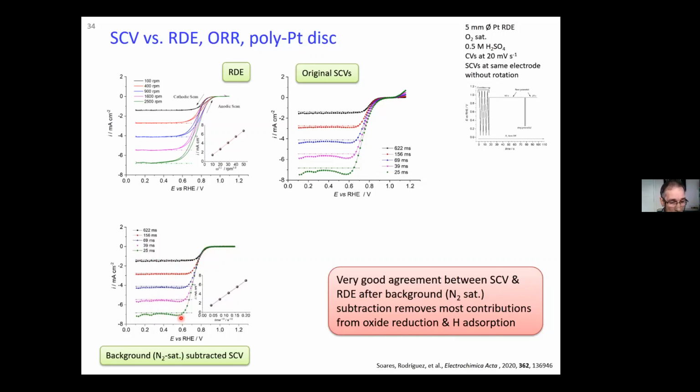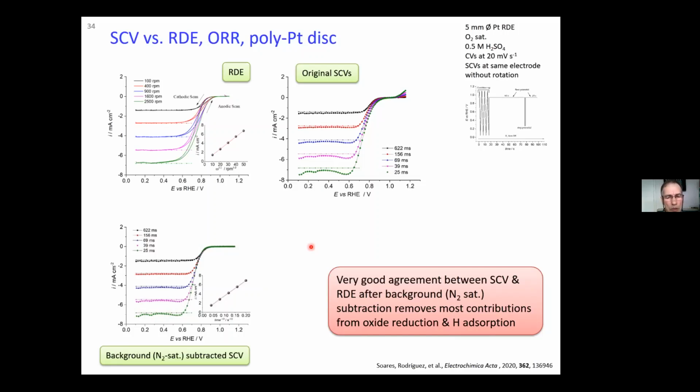But even at short times, there's a little bit of a remnant of the features that we saw before background subtraction. So again, very good agreement after background subtraction, but the contribution has not been completely removed. There's still evidence of surface processes at these short sampling times.